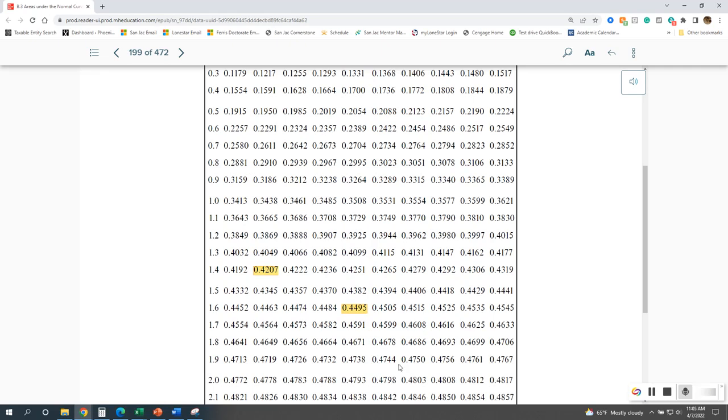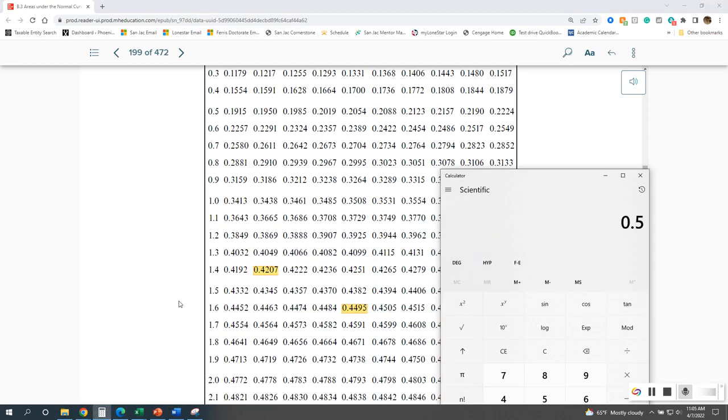We're not done yet. So using our calculator, we're going to take 0.5. Remember, because these are always one side of the tail. Minus 0.4207. Okay. And since it's a two-tail, times it by 2.